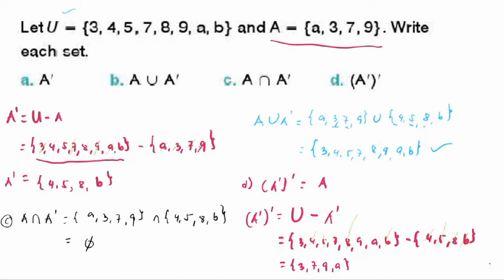Therefore, it is correct to say that the complement of the complement of A is equal to the set A. So mathematically, this is what I use in my equation.